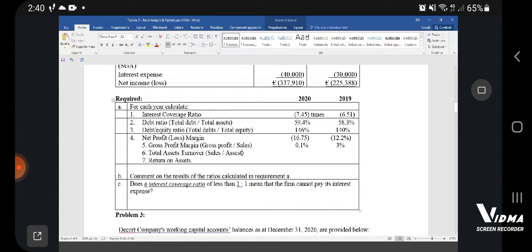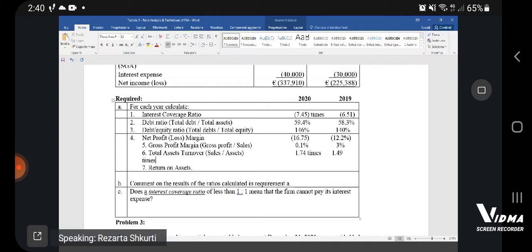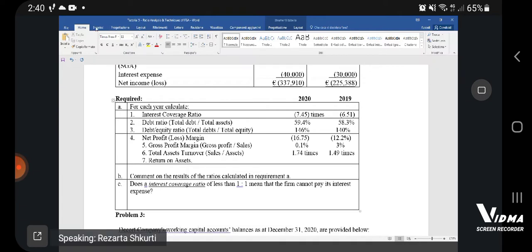Okay, if we calculate, it is 1.74 times, and 1 year ago it was 1.49 times. What can we say about this value? Some attempt to interpret the value of the total asset turnover.